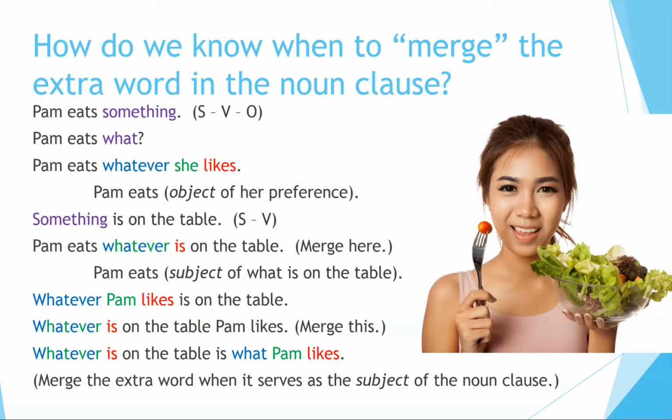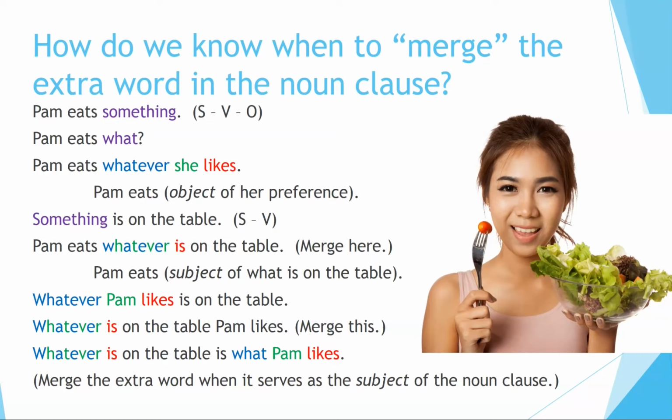She likes what? Something is on the table. Pam eats whatever is on the table. In this case, we're going to merge the subject and the extra word together. Pam eats the subject of what is on the table.